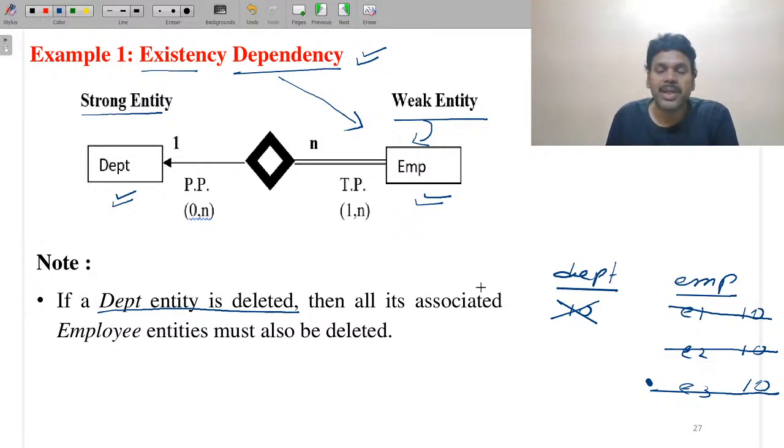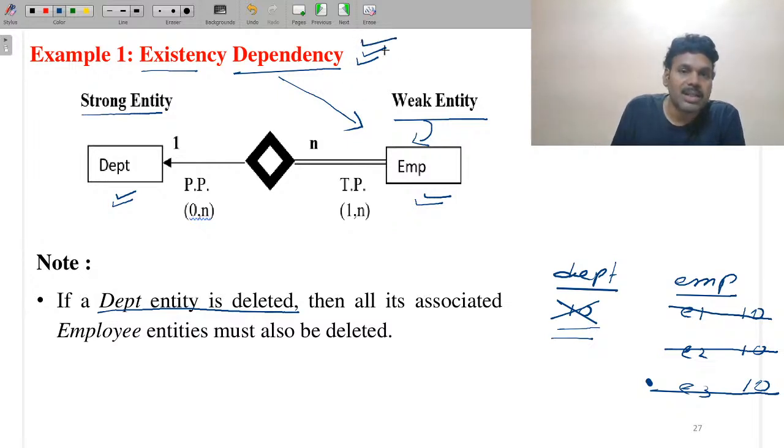Then it will automatically remove all the cross links related to this centralized database. In that case, existence dependency is very useful. But what is the problem with that? If unfortunately you delete any tuple, then automatically all its related tuples of other instances will be deleted, because the other tables are existence dependent on you.